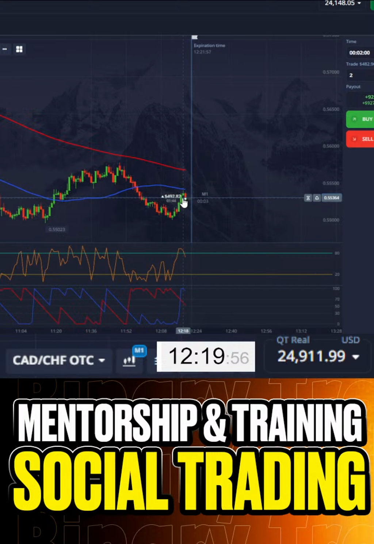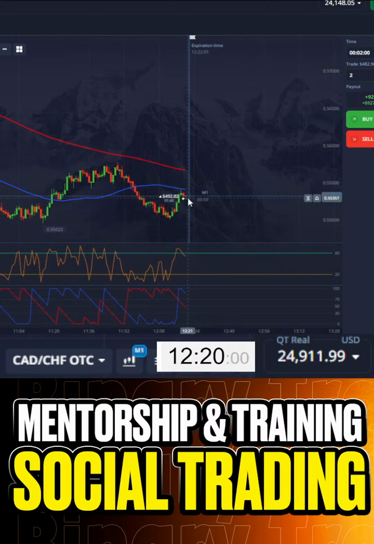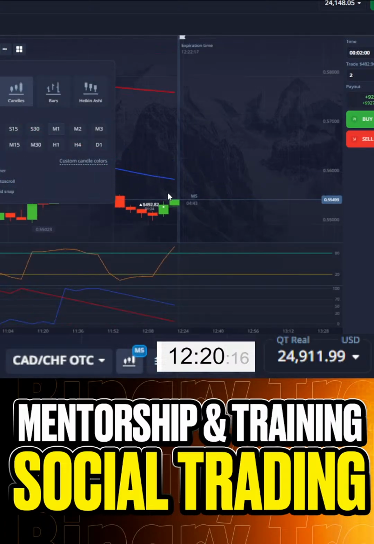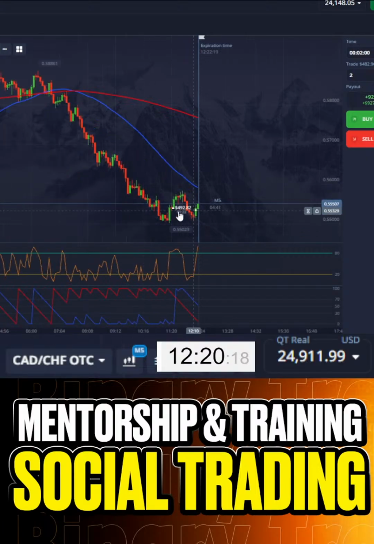This candle is not so good because it shows that it could be a reversal. But anyway, we are choosing 2 minutes, not 1 minute, so we have more opportunities and more time. We see that this is some kind of double dip. Also, you need to know the candle patterns.